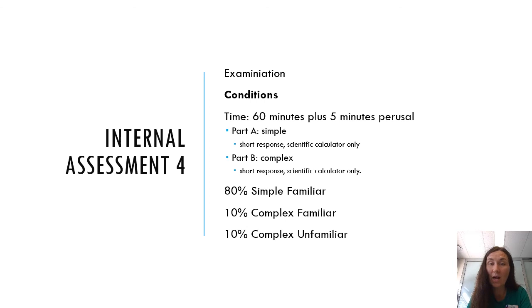You also have another internal assessment written and administered by the teacher, and they design the exam so that 80% is simple familiar, 10% is complex familiar, and 10% is complex unfamiliar. Really, the complex unfamiliar is your A level stuff, and the complex familiar is your B level stuff, but it should be really attainable to get a C.